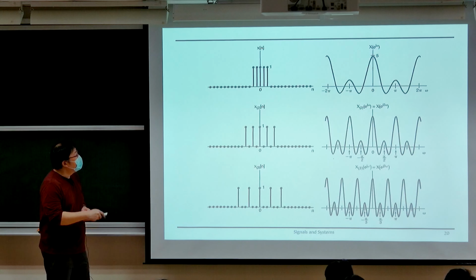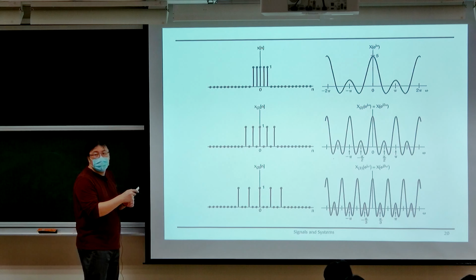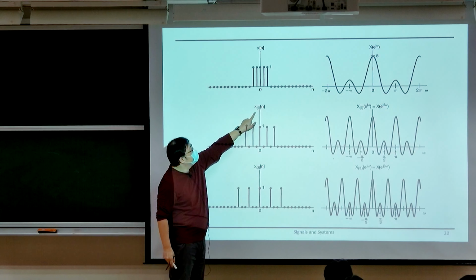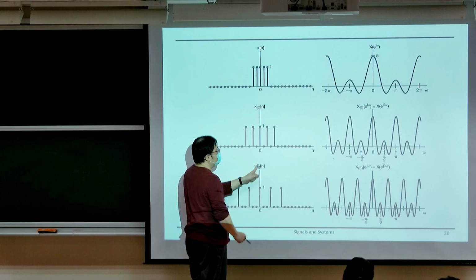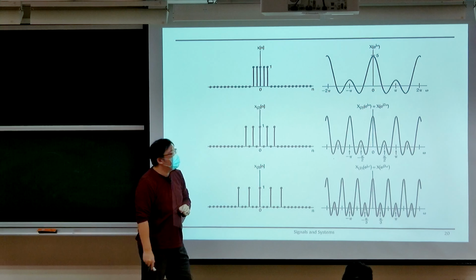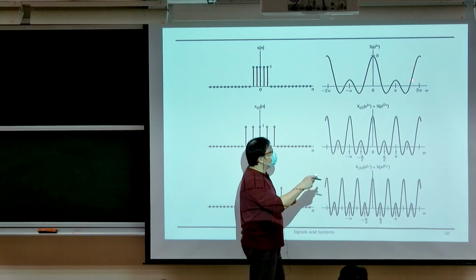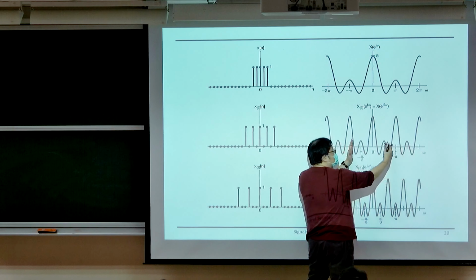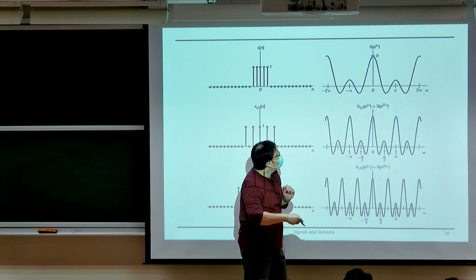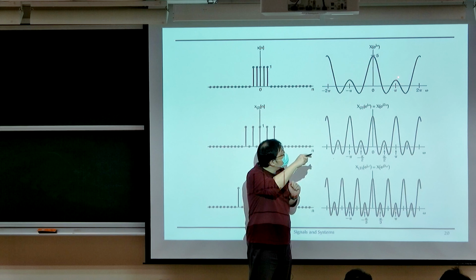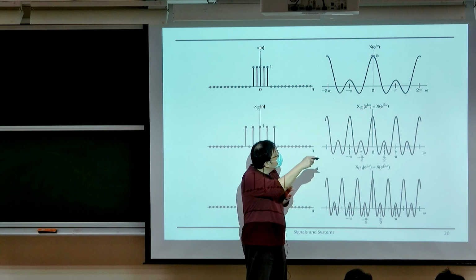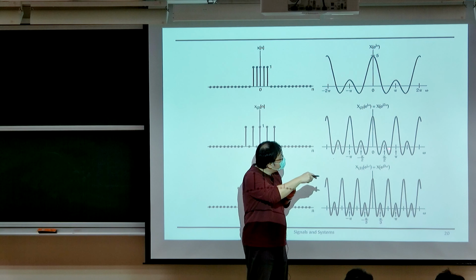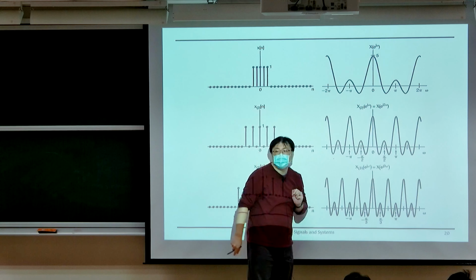Now suppose you stretch this signal by 2, inserting a 0 in between. Then you can see that the spectrum is compressed by 2 times. Originally, this peak occurring at pi now occurs at pi over 2, and this peak at 2 pi now occurs at pi.